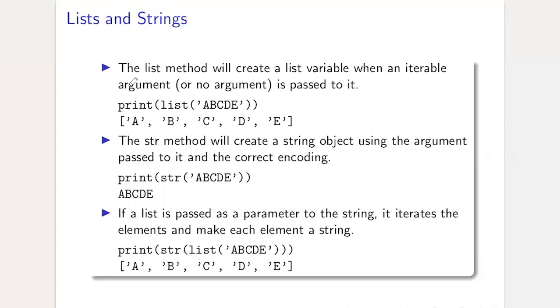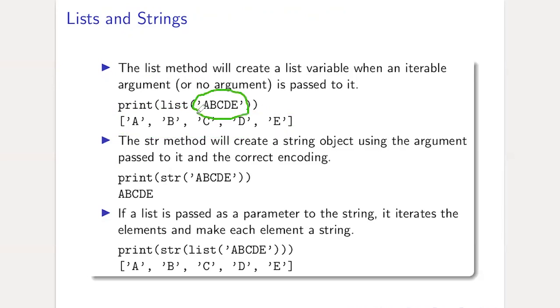So when you take the list method and pass an iterable value to it, it will create a list by iterating over the iterable collection.